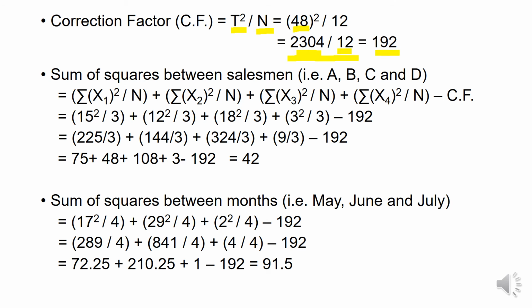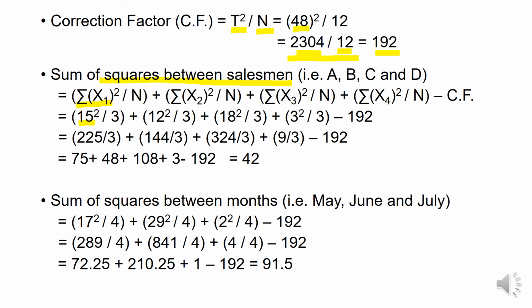In the next step, we will calculate the sum of squares between salesmen, that is A, B, C and D. Student, kindly note that the sum of squares between salesmen will be used with respect to the data which we just calculated in the tabular form, which means the summation x1 square is the column total for salesman A, which means 15, which we just calculated.